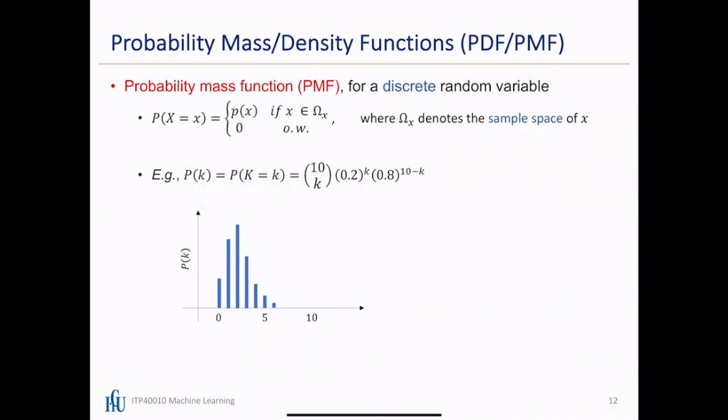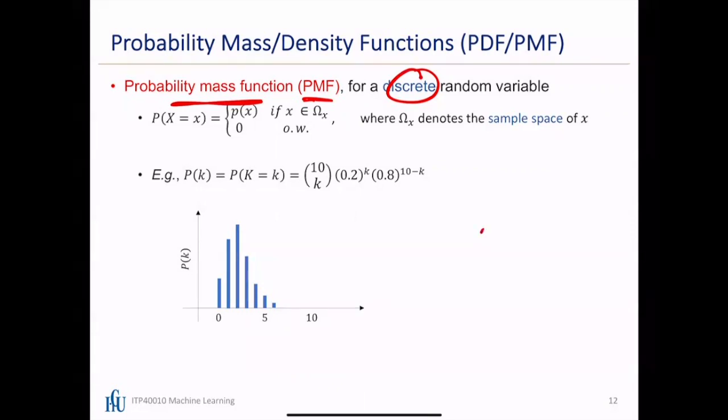There are multiple types of probability function. One of them is the probability mass function or probability density function. The first one, the probability mass function or PMF, is for discrete random variables. Thinking about dice tossing, you have 6 different outputs, 1, 2, 3, 4, 5, 6, and you want to count what you observe.